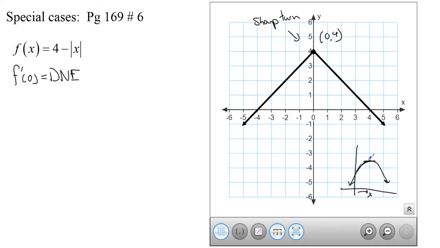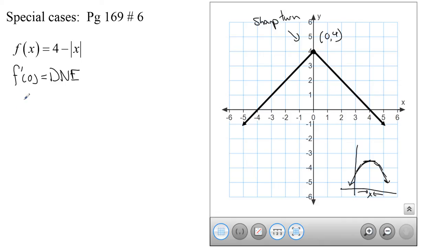On this side, these tangent lines also get closer and closer to 0 as I come to that. So the limit of the tangent lines has to be the same. And that's the reason they're going to say that these sharp turns don't work.